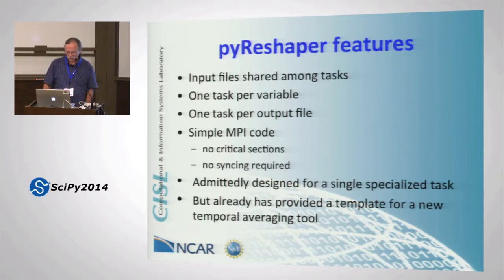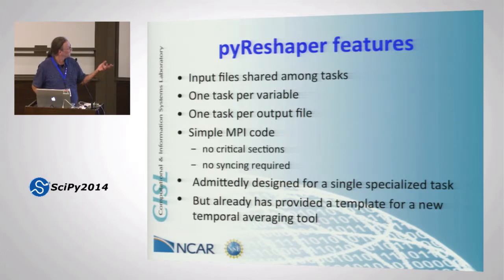There's no critical sections, there's no syncing, and it's admittedly designed for a specialized task, but it's already provided the inspiration for a new temporal averaging tool, using the same principles. So it is extendable.